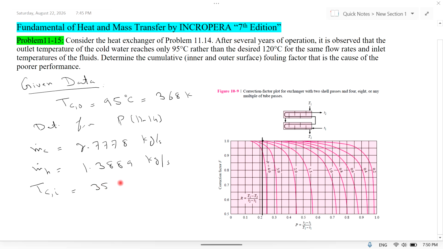The temperature of the cold water inlet is equal to 35 degrees centigrade, meaning 308 Kelvin. The temperature of the hot water inlet is equal to 300 degrees centigrade, which is equal to 573 Kelvin.